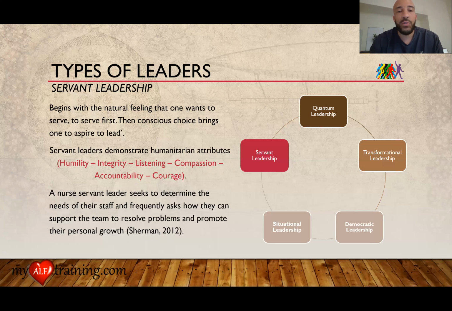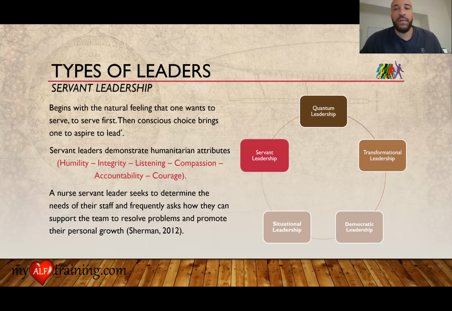So this is why I started first with this one, because I said, hey, this really sounds like nursing leadership. This sounds like what a nursing leader should be. Someone who genuinely, naturally wanted to serve other people, and then made a choice that they wanted to lead other people like them to serve other people even more, or improve the way we serve other people.